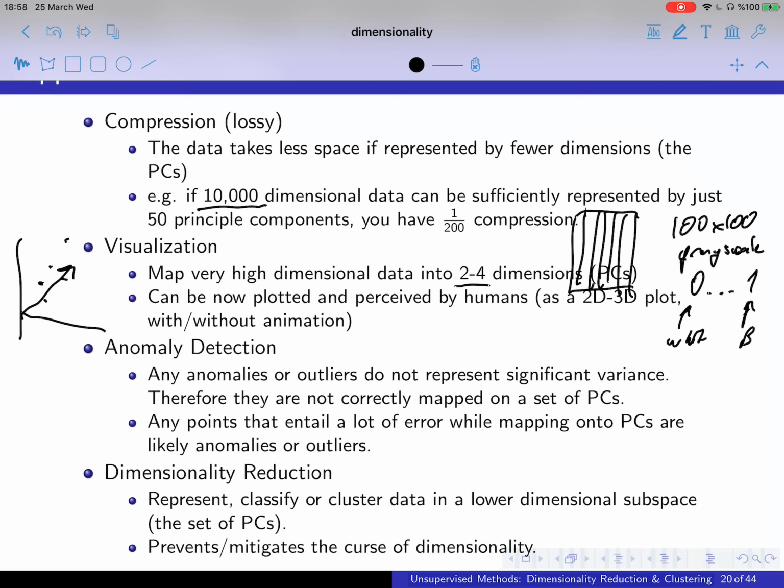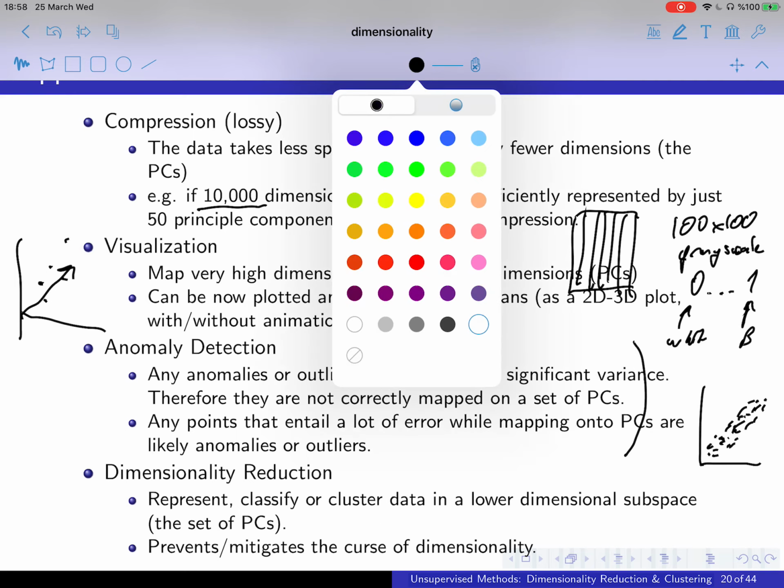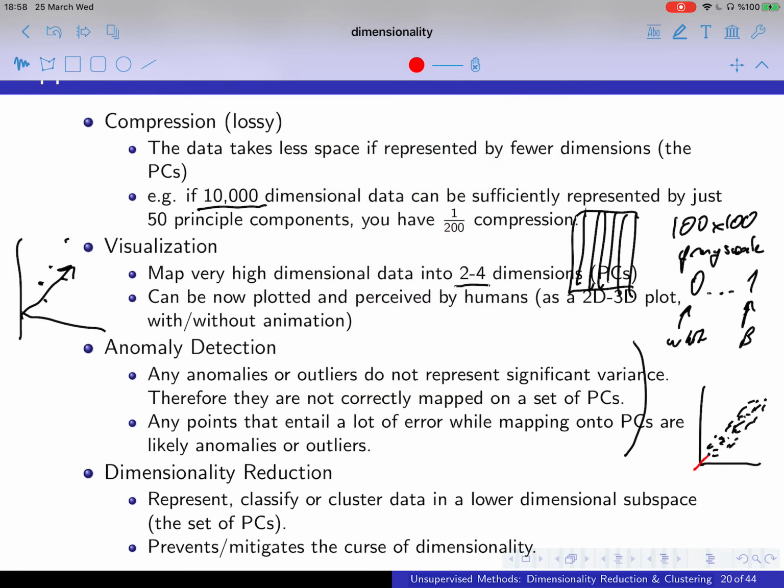Another use is anomaly detection. Namely, if you have, for example, the case we had in Mahalanobis, where you have data that's distributed like so, obviously, in data like this, the first principal component is going to be along the axis of the data.